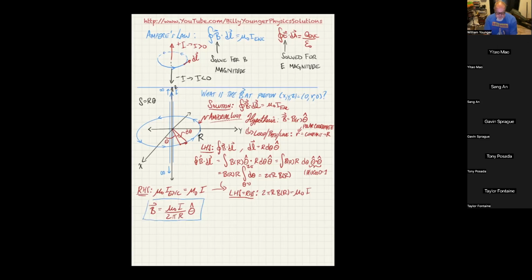That's the same expression we found with the law of Biot-Savart: mu 0 I over 2 pi R, pointing in that very specific direction. So this did give you what you expected to get, hopefully. Does that make sense to everyone?